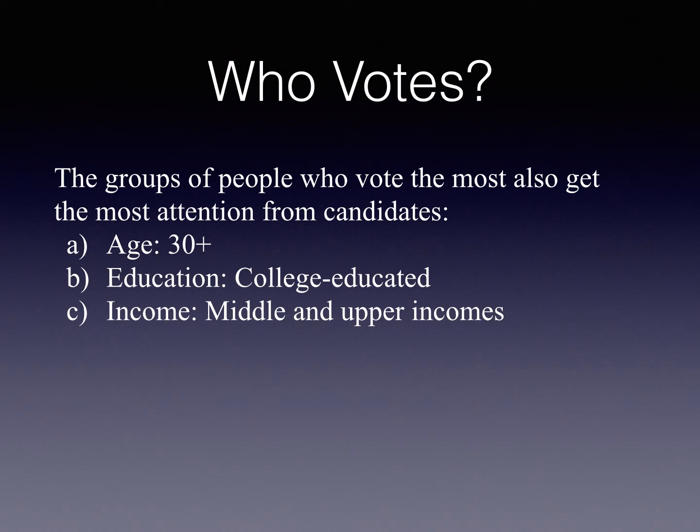Okay? Over the age of 30, college-educated, middle and upper-class citizens. Again, that doesn't mean that everybody falls into that category, but those are the groups that tend to vote the most, and so those are the folks that candidates are going to focus their attention on.